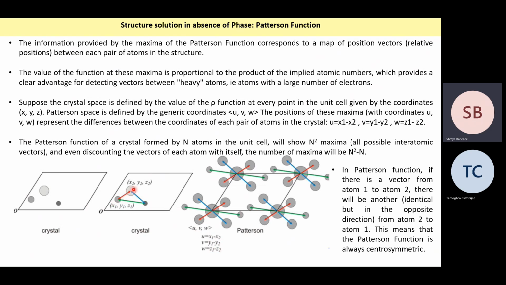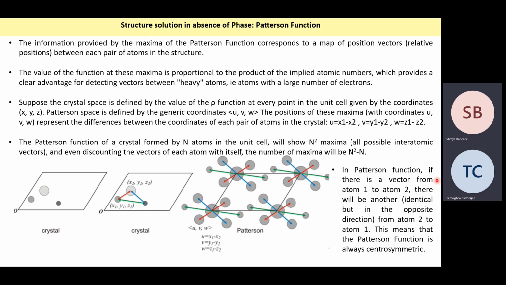If you subtract the positions of the atoms, you will get the peaks of the Patterson function, because the Patterson function is basically showing the positional correlation between two atoms. So if you subtract the x, y, and z coordinates, you will get the coordinates of the Patterson map.